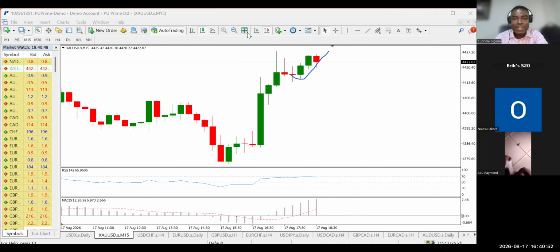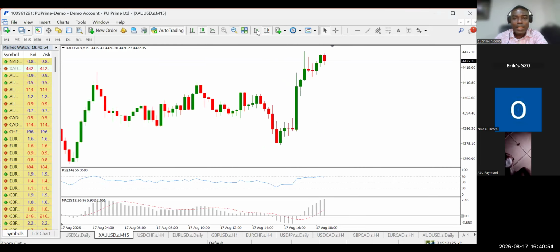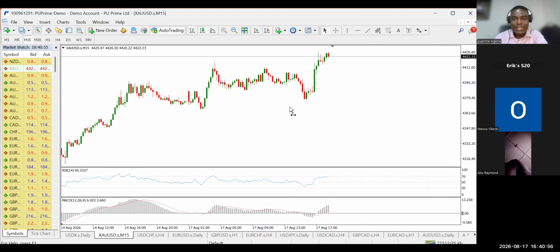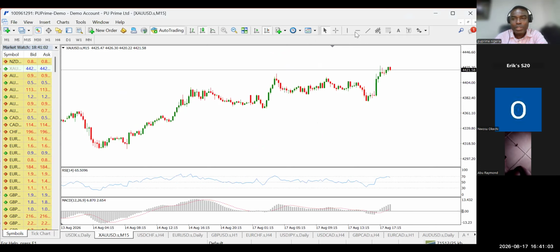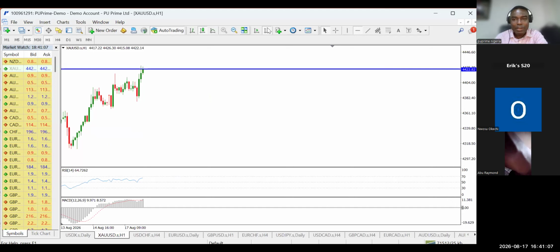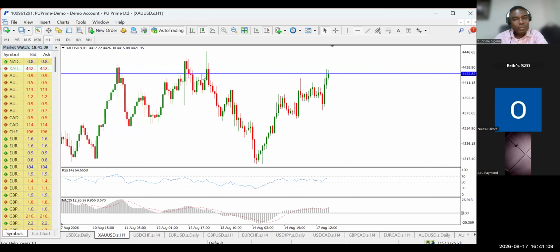So that's the first confirmation. The second confirmation is that you must also look if there is a resistance. I said that candlestick patterns work better when you find them around resistance and support. Is there any resistance at this price level? Let's check the 1 hour time frame. It's not valid.